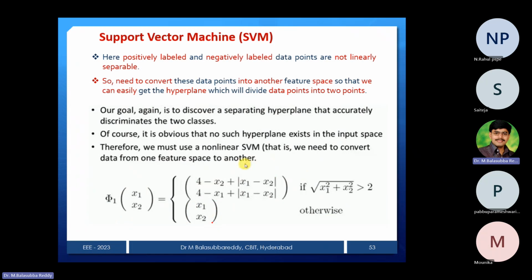Now, first you can see our data points are given as positive data points and negative data points. The first positive data point is 2 and 2. So this 2 and 2 we can convert in this fashion. What is 2 square plus 2 square? Here 4 plus 4, root of 8.